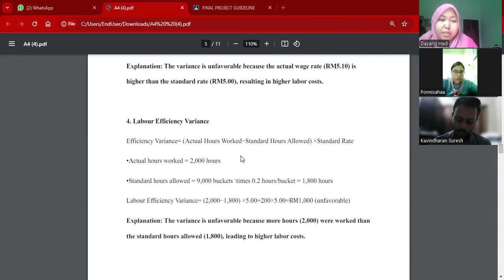So the labor efficiency variance is 2,000 minus 1,800 times 5 ringgit, equals 200 times 5 ringgit, which equals 1,000, and the answer is unfavorable. The variance is unfavorable because more hours, 2,000, were worked than the standard hours allowed, 1,800, leading to a higher labor cost.